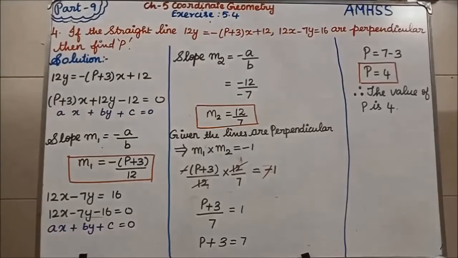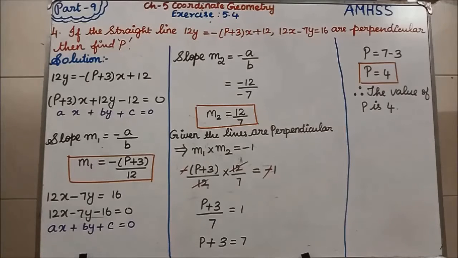In exercise 5.4, the fourth question we are going to see. If the straight line 12y = -(p + 3)x + 12, that is one equation, and 12x - 7y = 16, that is another equation.